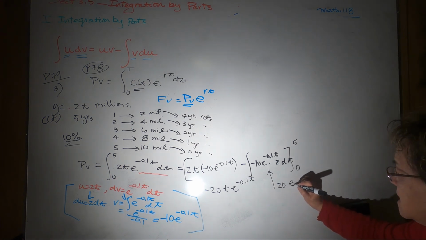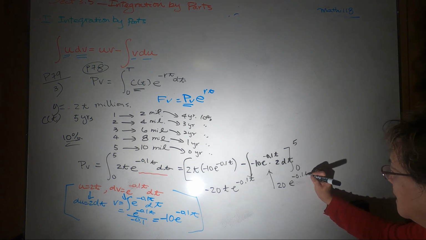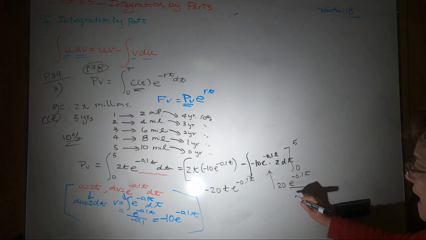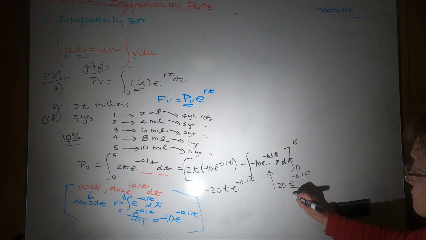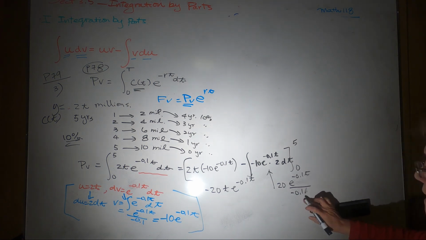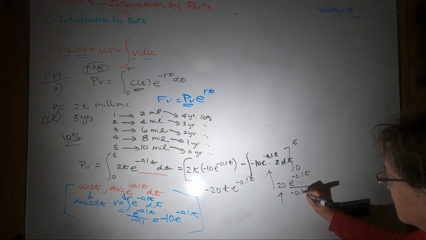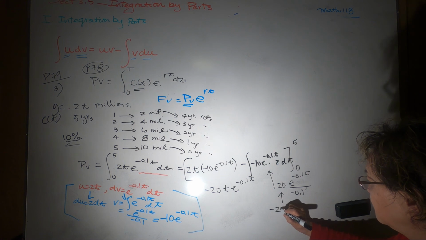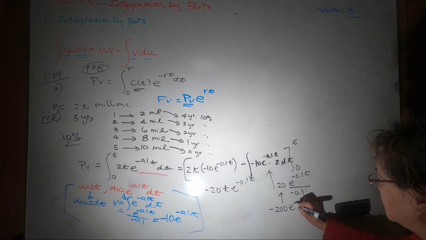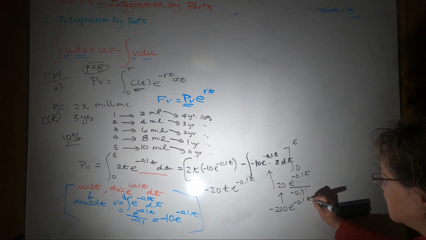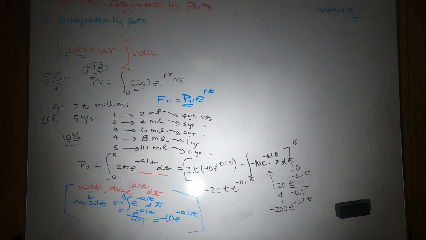Then you take the integral of this one divided by negative 0.1, right? So that would be what? Negative 200 e to the negative 0.1t. Is that right?